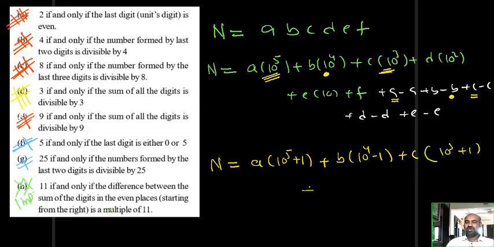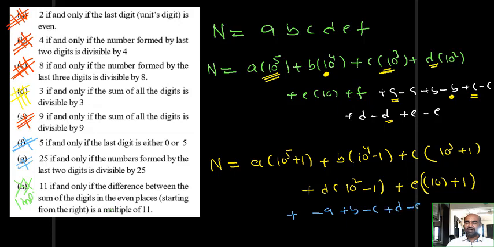Plus d into 10 square should be grouped with the minus d, that is 10 square minus 1. Plus e into 10 I grouped with the plus e, and after taking e common it will be 10 plus 1. Remaining terms I want to write as they are. So plus a is gone here, minus a plus b minus c plus d minus e plus f are left. Okay, important.